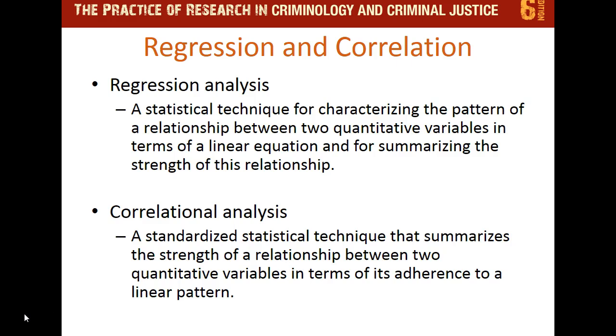Let's say you look at juvenile offenders and recidivism. Your independent variables are your juveniles, perhaps juveniles who are incarcerated and juveniles who are in a boot camp. Then you look at the recidivism pattern from those independent variables.